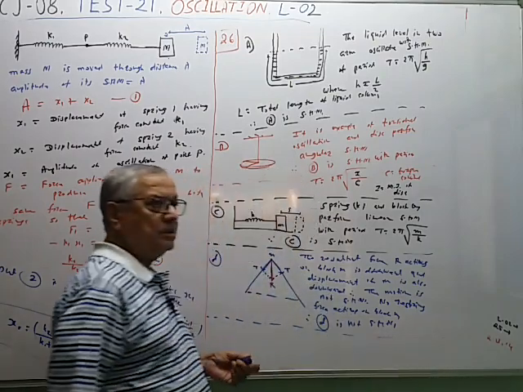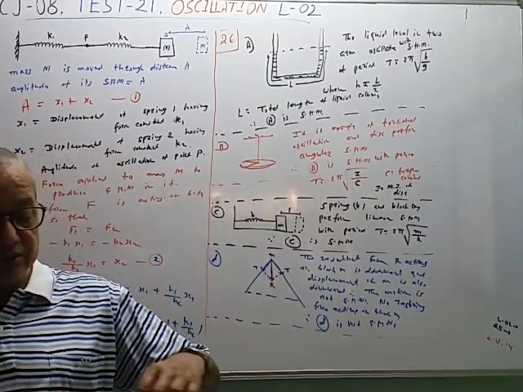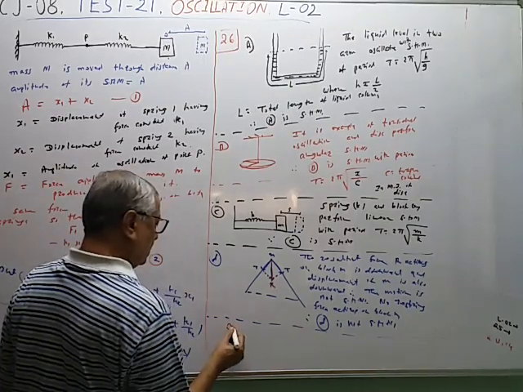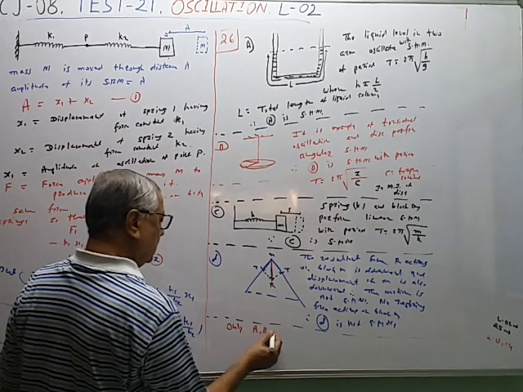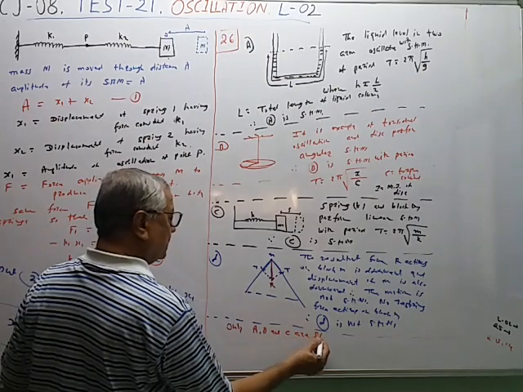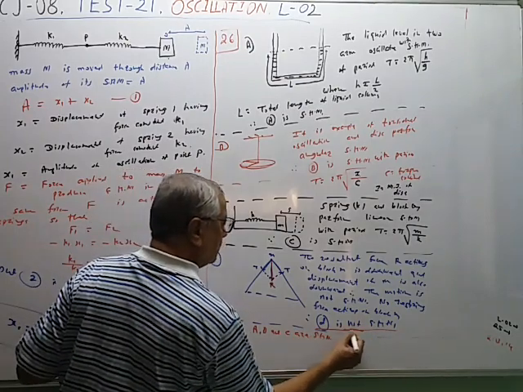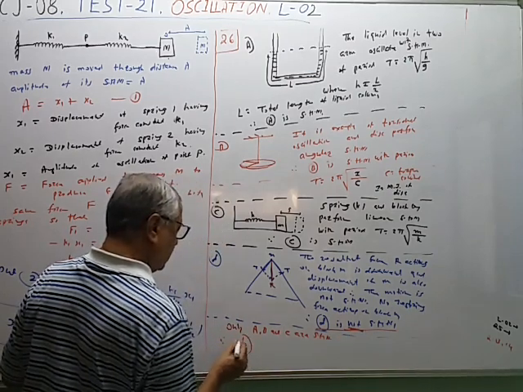So out of A, B, C, D, only A, B, C are oscillatory. Therefore, B choice is correct. D is not oscillatory. Therefore, B is correct.